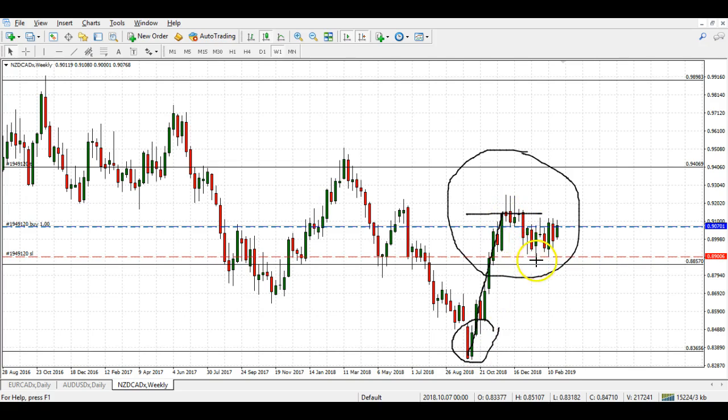However, at some point it started to drop and correct that upside move. Now that downside correction lasted quite some time, and I noticed there was a very important key level, 0.9070, this blue dotted line, that I figured could be my main point of reference to gauge the end of this downside correction.